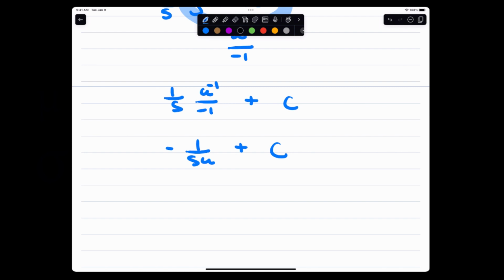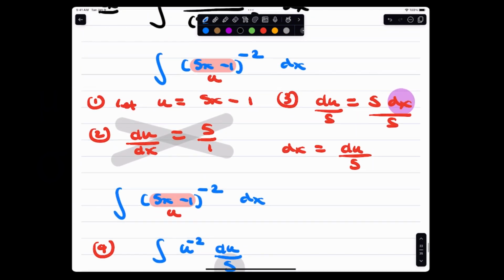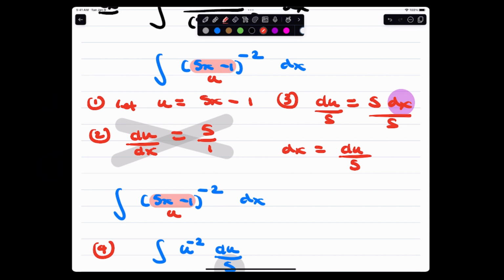use your properties of exponents, right? U to the -1 is 1 over u. But you're not done. Why? U needs to be what? U is 5x minus 1.